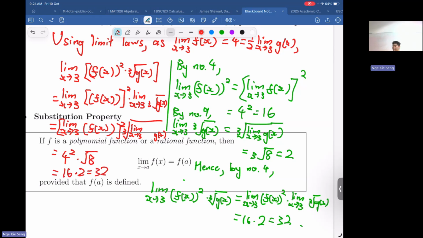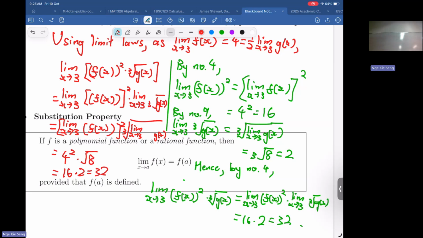Let me explain the difference between these two. The two of them give the same answer. They use similar steps, but the order of presentation is different. In the green part, we are using the limit law to build our new function.